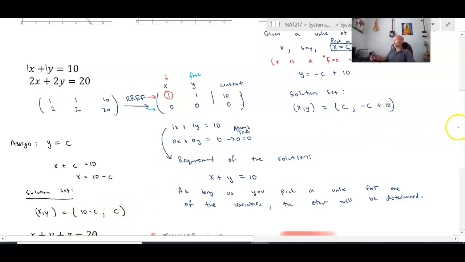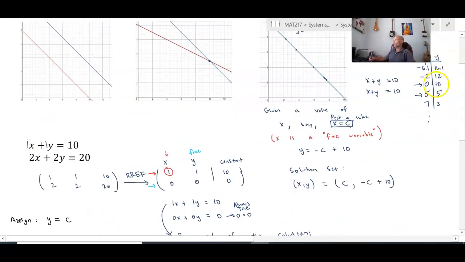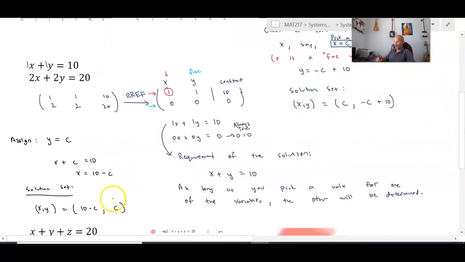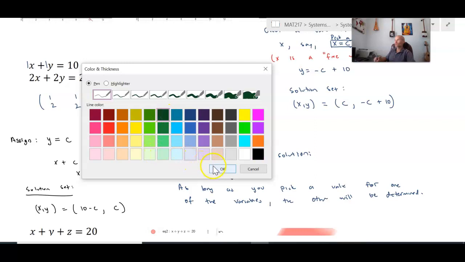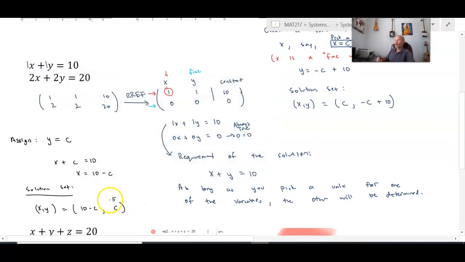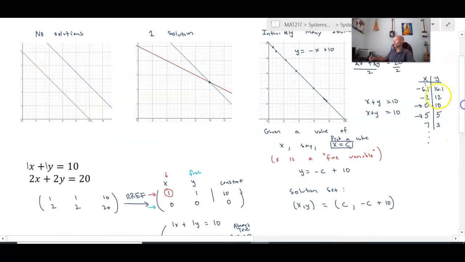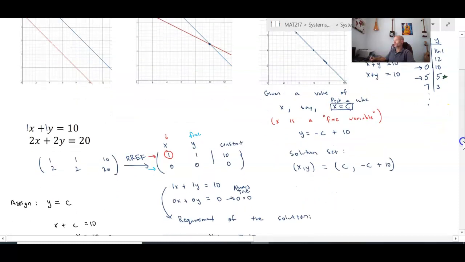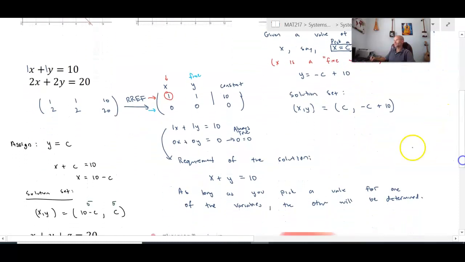Let's see how this works. If I pick a value of y in our table, if I let y be 5, then x has to be 10 minus 5, which is also 5. So notice that that same ordered pair right here is still a solution. Instead of fixing the value of x, we're fixing the value of y.